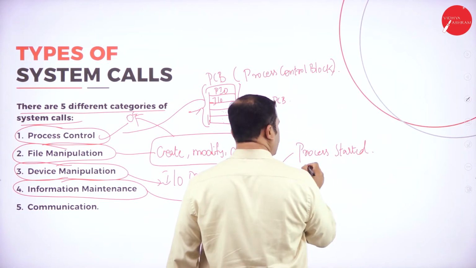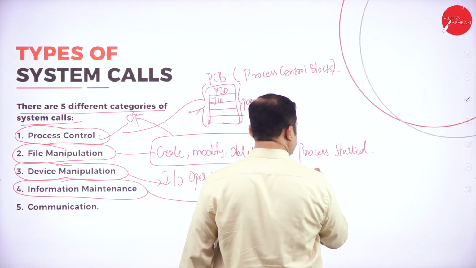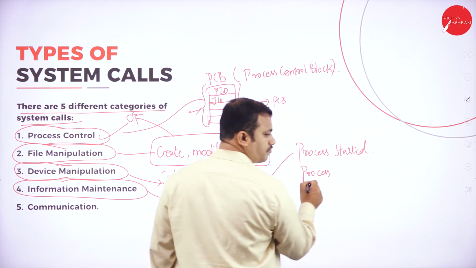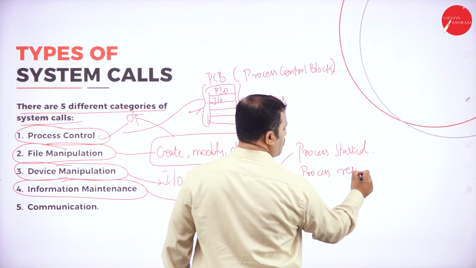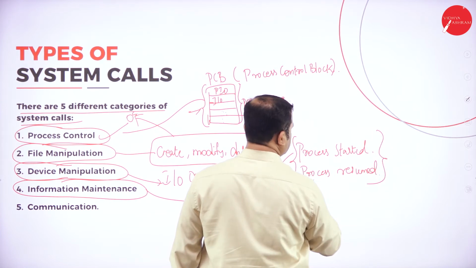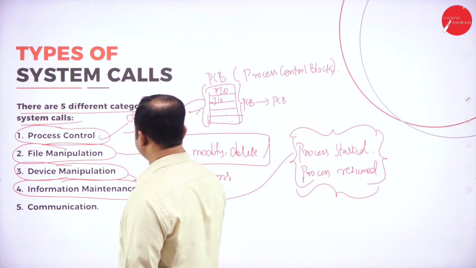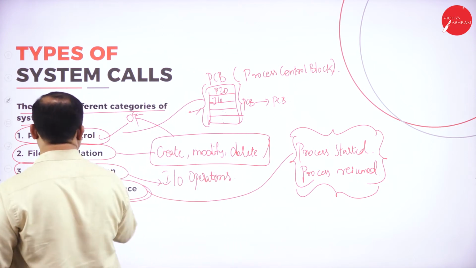What is the time at which the process resumed or stopped? All these are certain types of information which need to be maintained by the operating system. So the operating system is going to maintain this information maintenance.